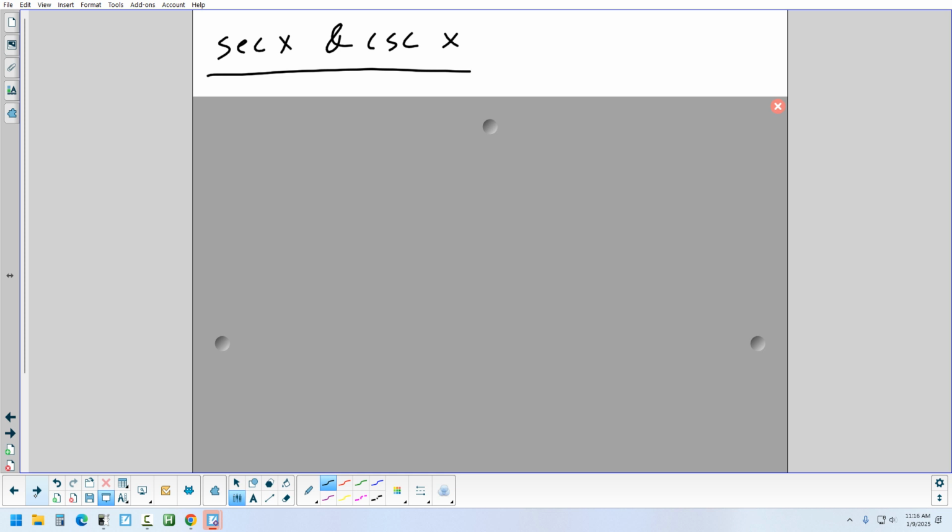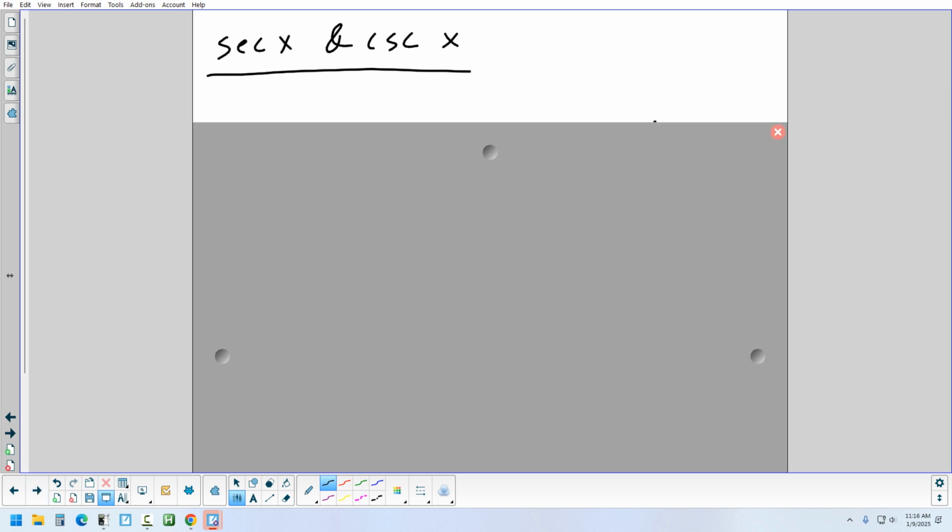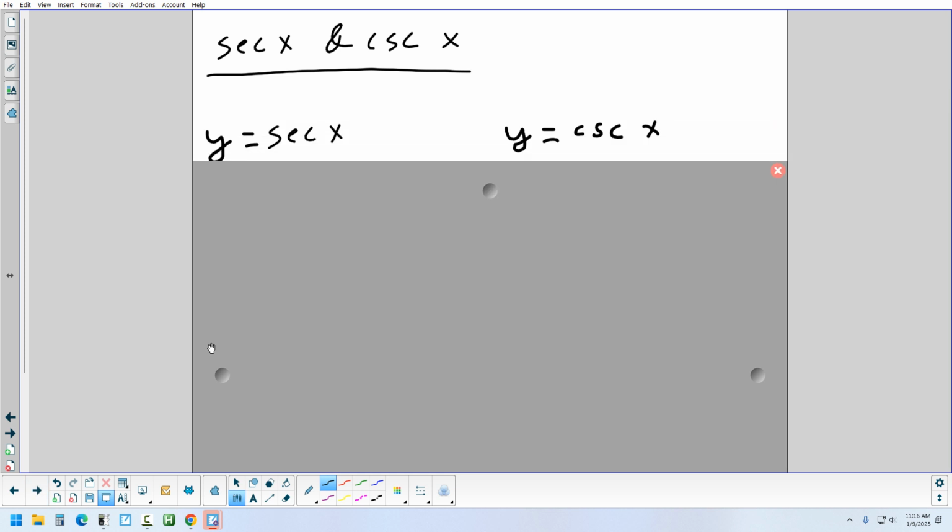All right, so now let's look at secant and cosecant. Secant is the reciprocal of which trig function? Anybody remember? Which one do you flip to get secant? Cosine.